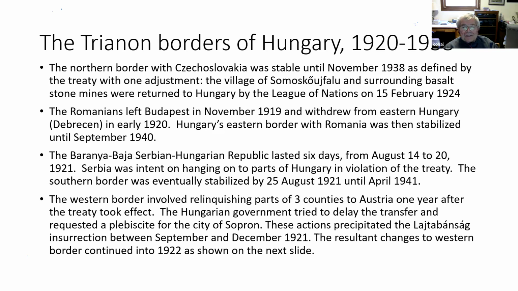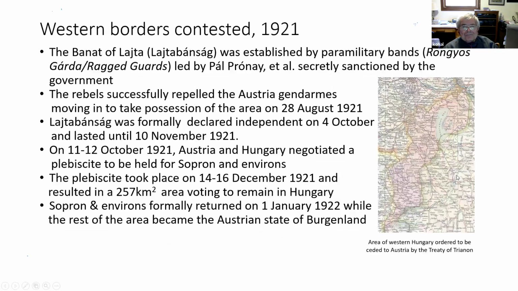And the resultant changes are shown in the next slide. The government sort of secretly sanctioned the insurrection by the Rongyos Gárda, or the Ragged Guards, who happened to successfully repel the Austrian gendarmes moving in to take possession of the area in August of 1921.